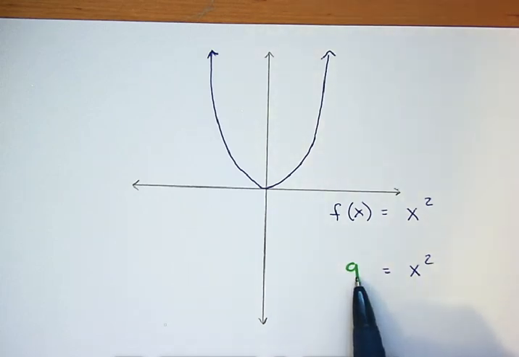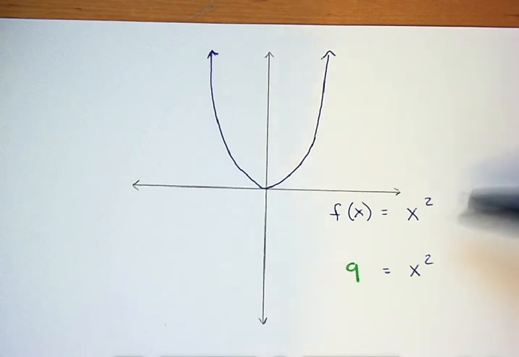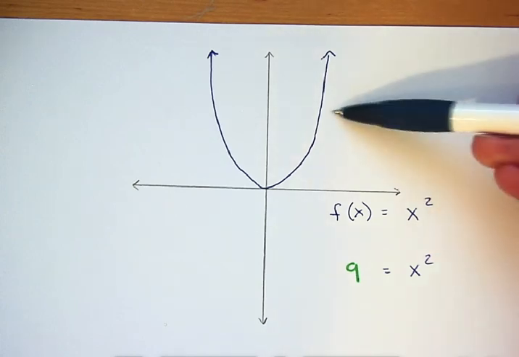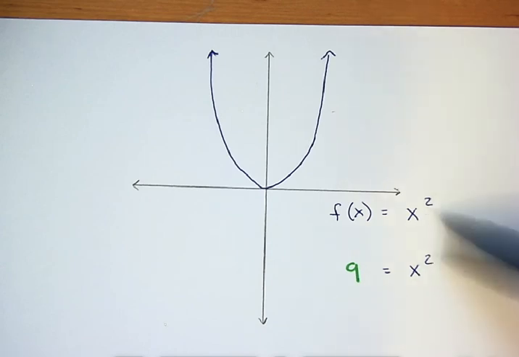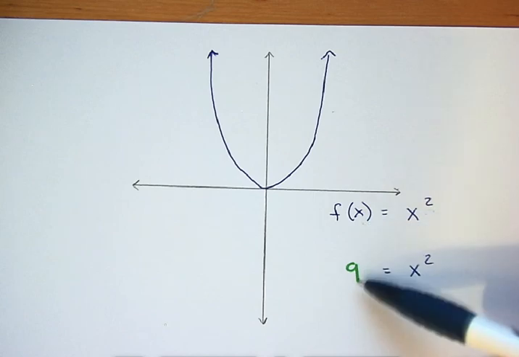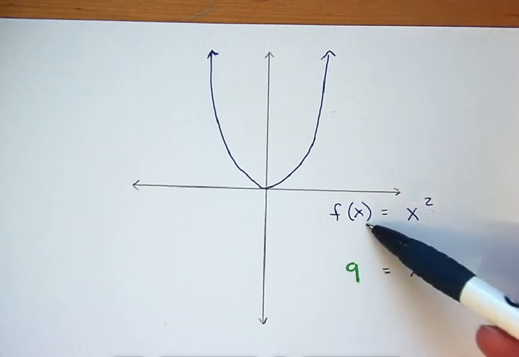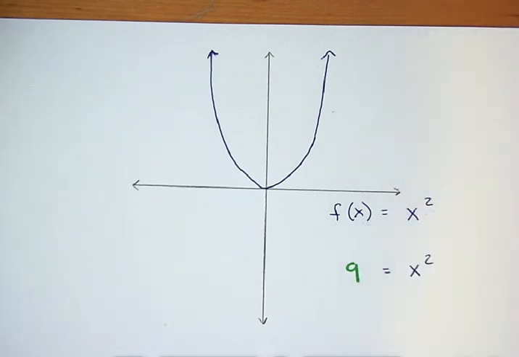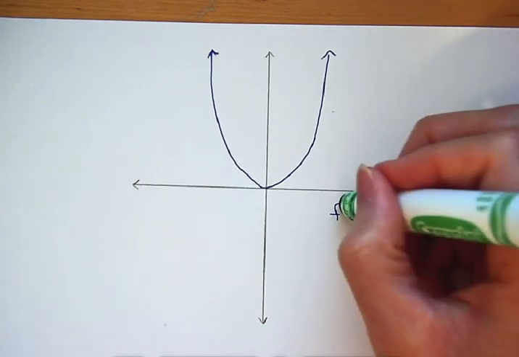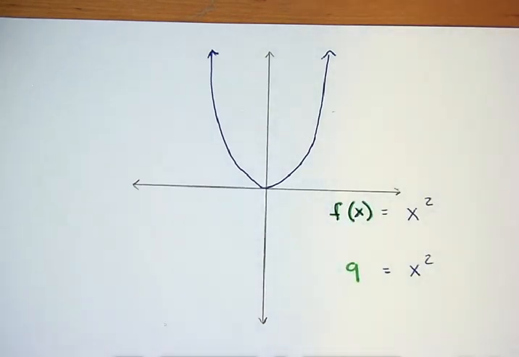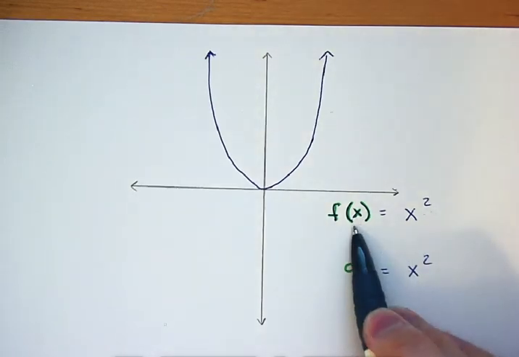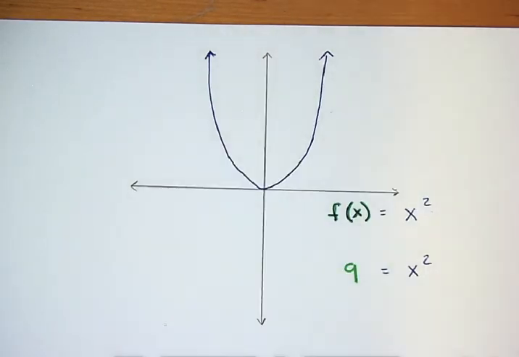Well, if this is the graph of f of x equals x squared, then to go from here to here, all I really did was change this f of x to a 9. And f of x is like your y value. So where on this graph is y equal to 9?